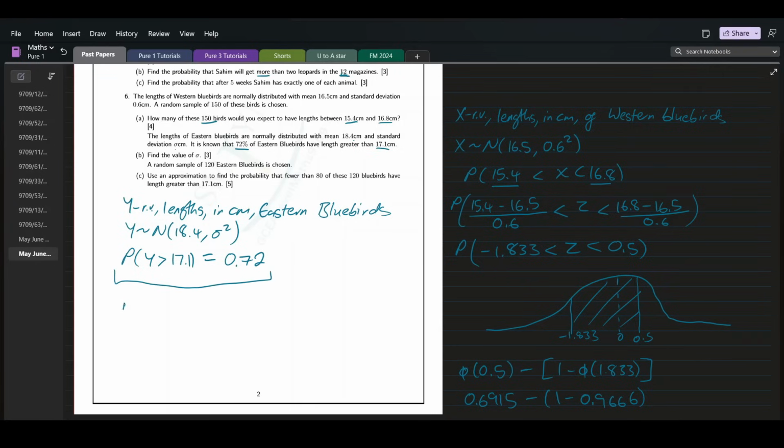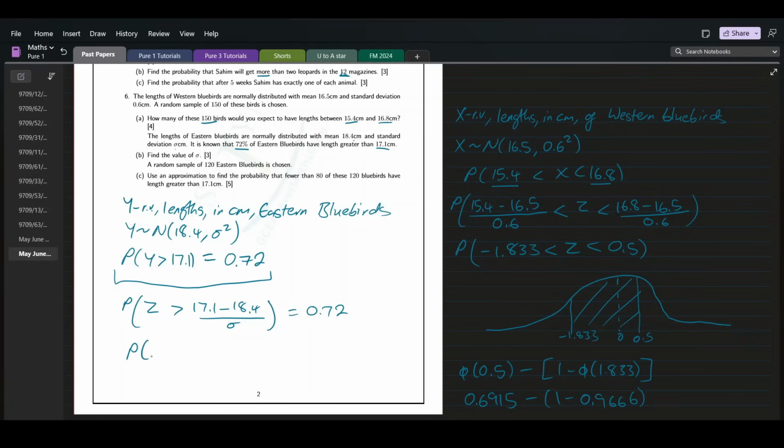So let's start by standardizing. That would be z is greater than 17.1 minus our mean, which is 18.4, and this is over sigma, and this is still equal to 0.72. So if we simplify our numerator, that is 17.1 minus 18.4, and that gives us negative 1.3.